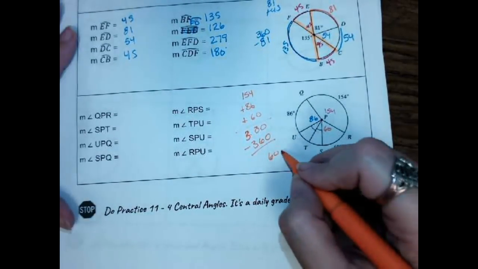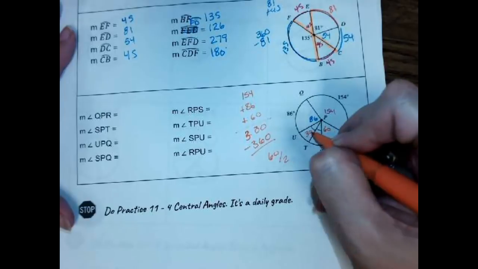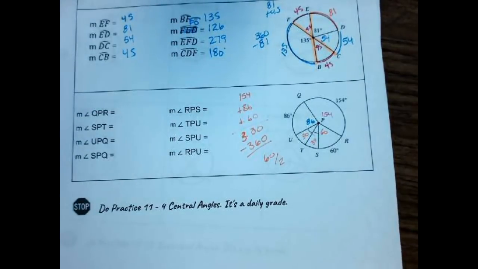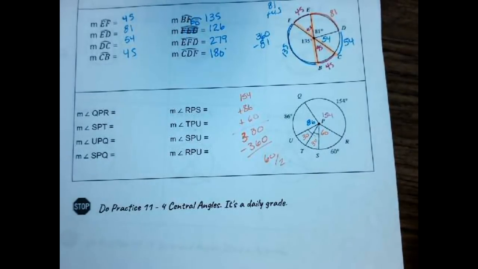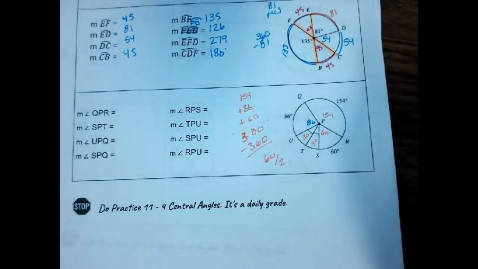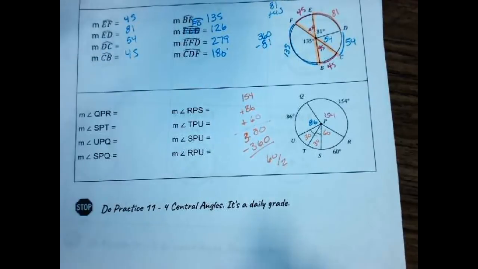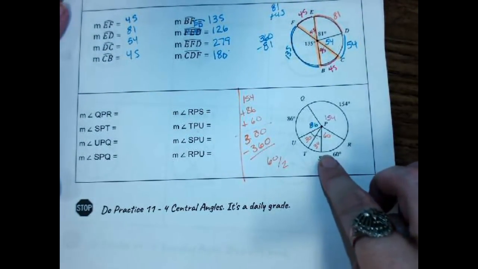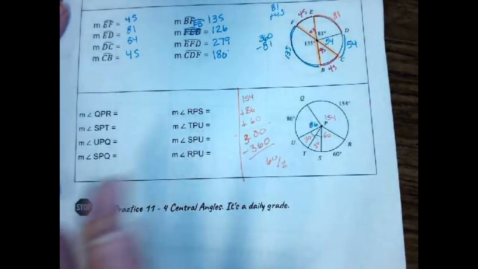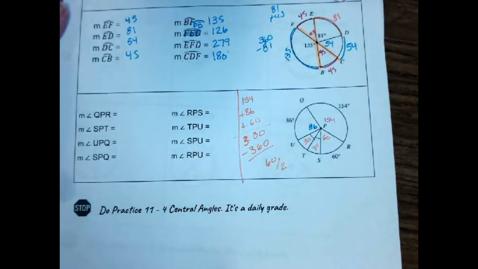If I divide by 2, I find that each one of these is 30. If you want to double check that you've done it right, go back and add all those up on your calculator and double check it comes out to 360. Now I've got all these written down, now I can just go through and fill these in. Just like I said on the problem before, put all your numbers on your picture first, then do this. If you don't put your numbers on your picture, you're probably going to make some mistakes.